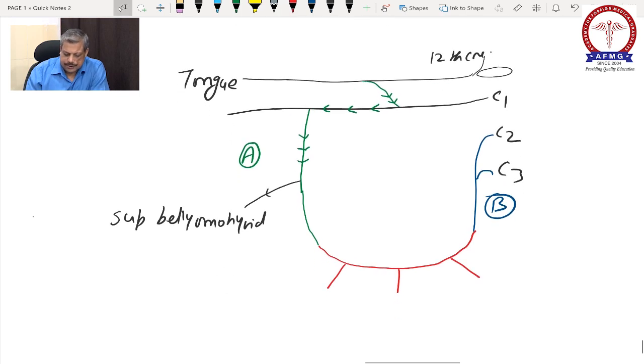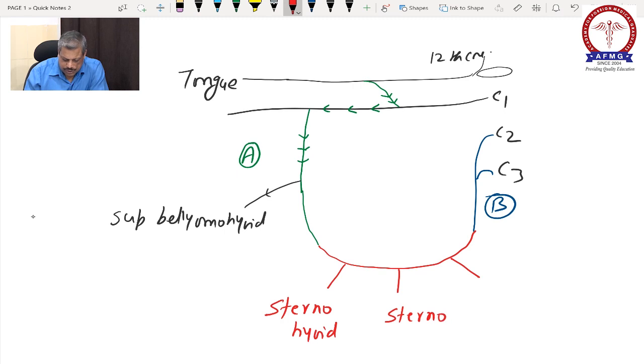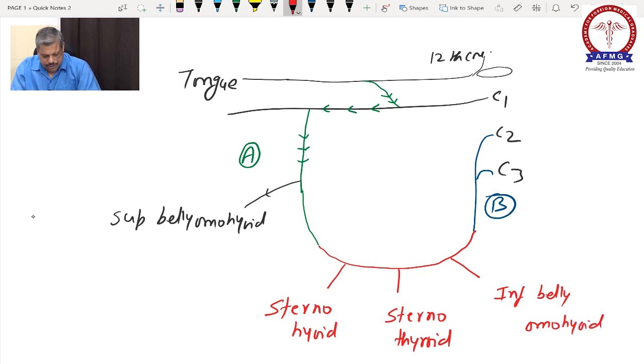These three branches supply the sternohyoid, sternothyroid and the inferior belly of omohyoid.